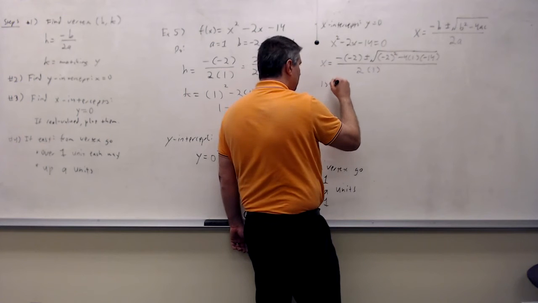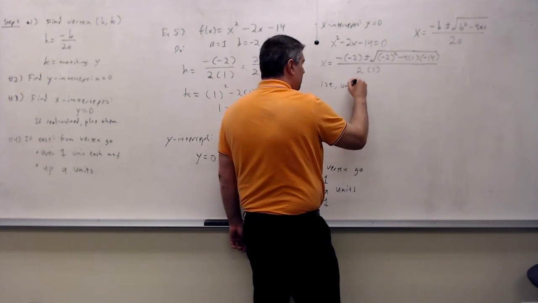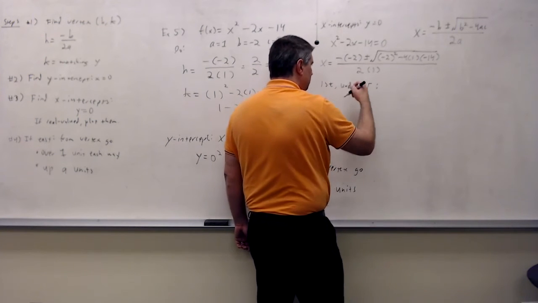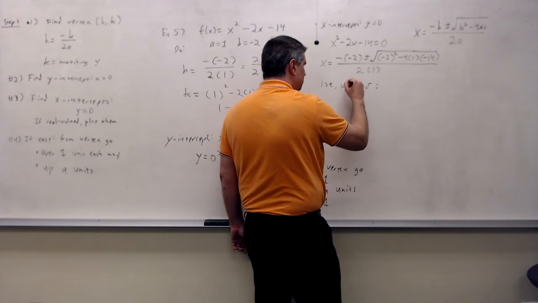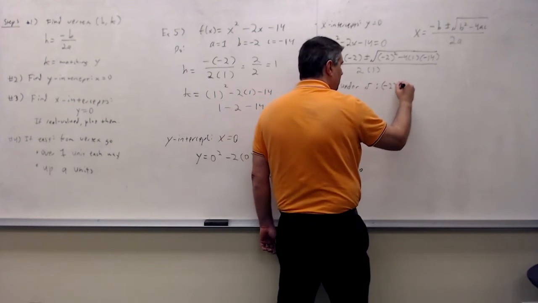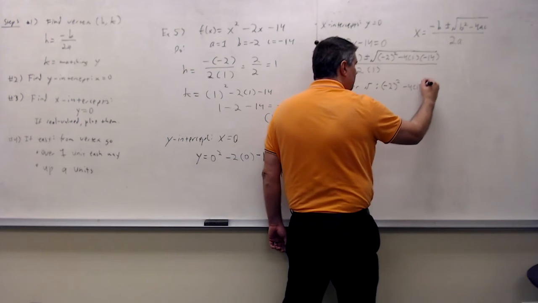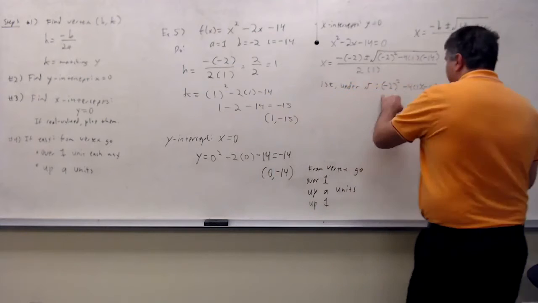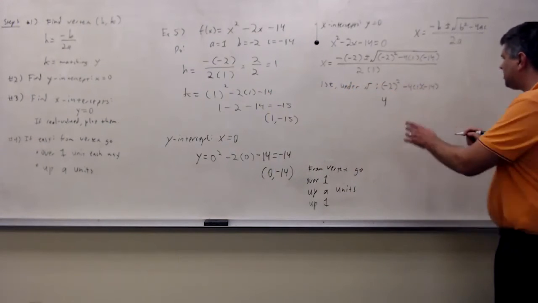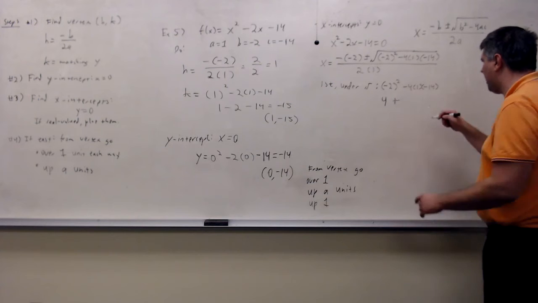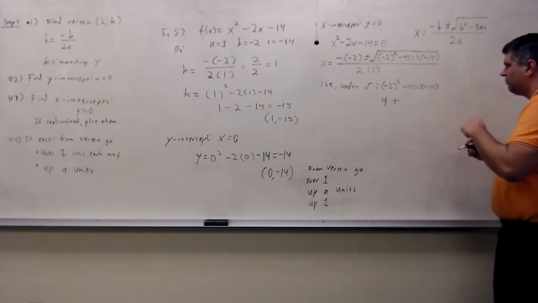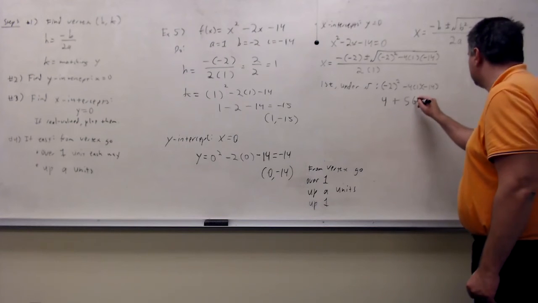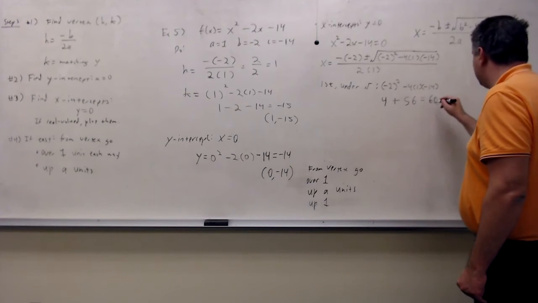So first, under the radical, that's going to be negative 2 squared minus 4 times 1 times negative 14. So that's 4. And there's actually 2 minuses here, so that's going to be a plus. And 4 times 14 is 56. So this is 60.